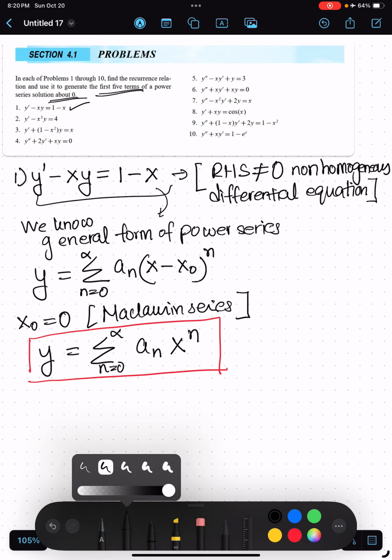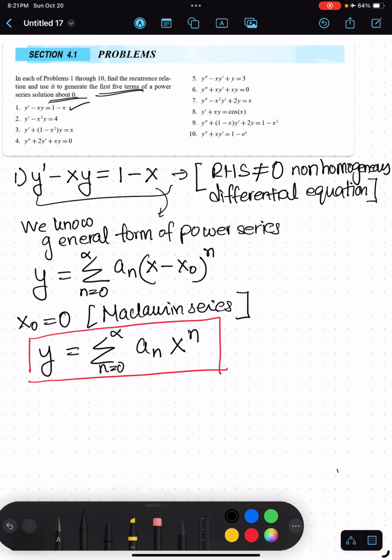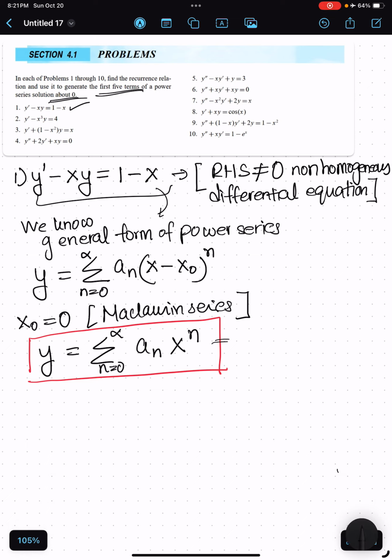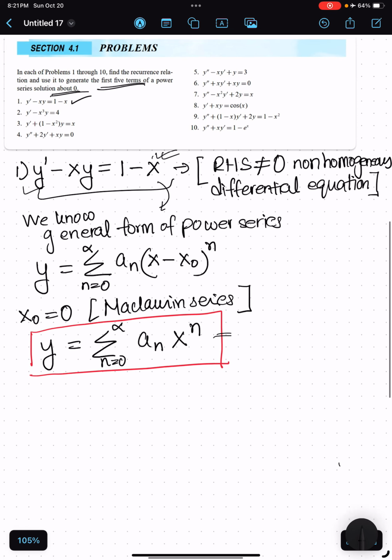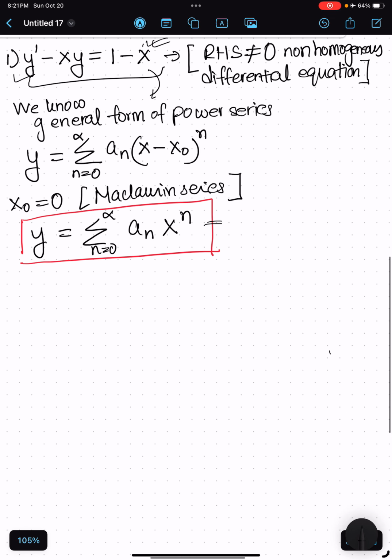So now we have our y, and we can clearly substitute that in this main differential equation. But we have a y prime over here as well, which is basically the first derivative of y. So let's find that too. So we have y prime, summation. Now, let's look at this expression right here.